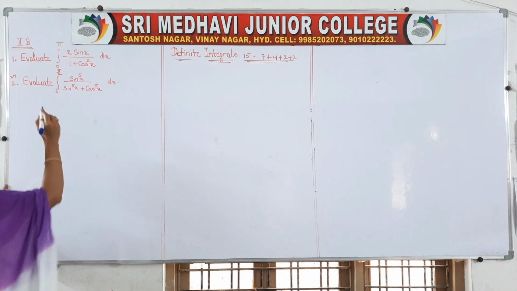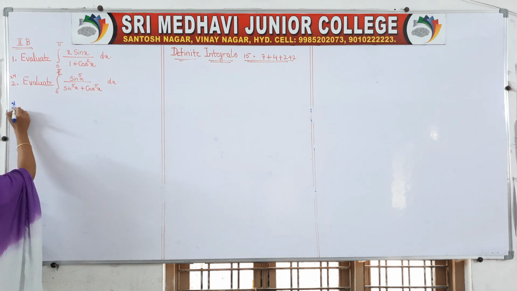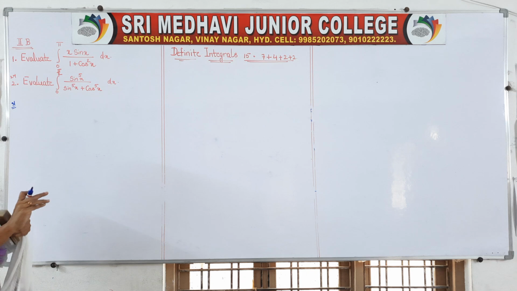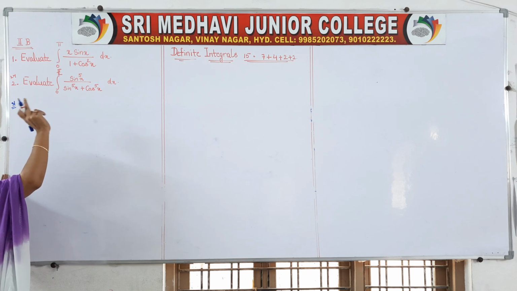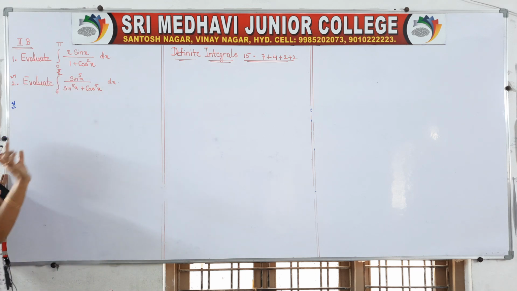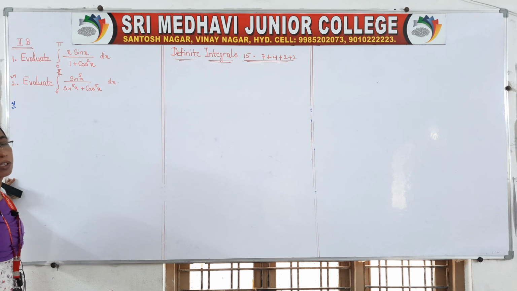First one is a 7 marks question. I said in the problems, whenever we are having 0 to a, then we will consider that as I and use that most repeated formula: integral 0 to a f of x is equal to integral 0 to a f of a minus x dx, isn't it?